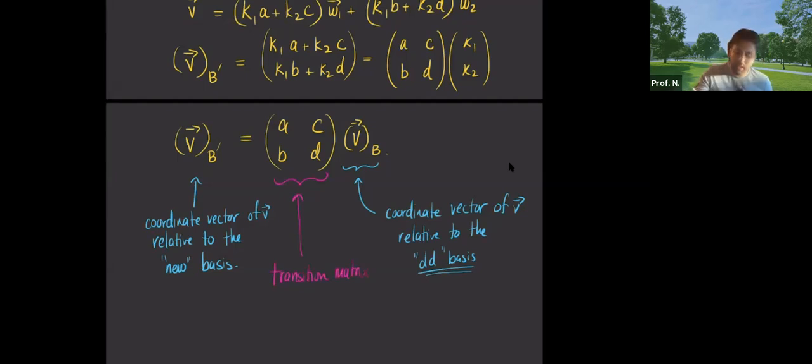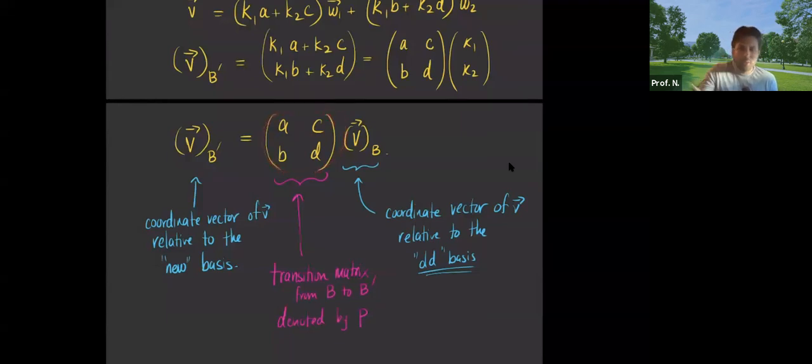It's the transition matrix, and we usually call it P. This is a transition matrix from B to B prime, and this is denoted by P. Does everybody see that? So we have a transition matrix.